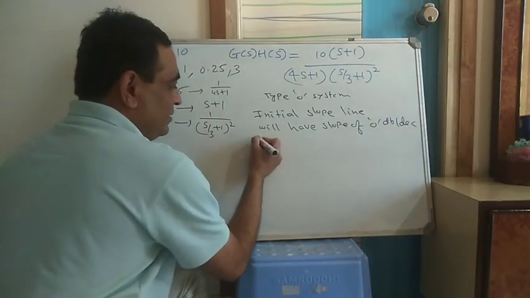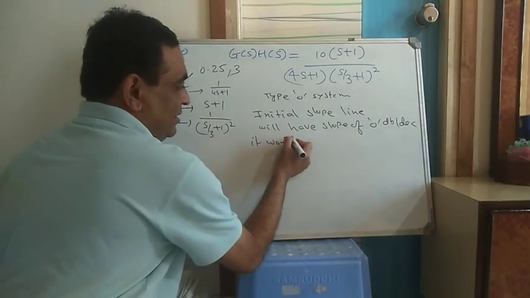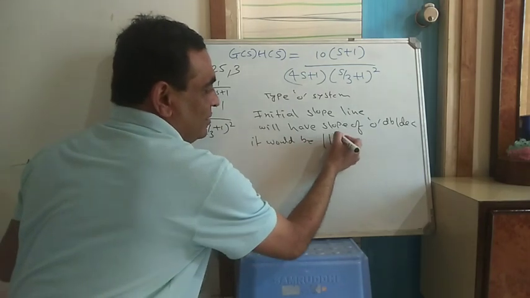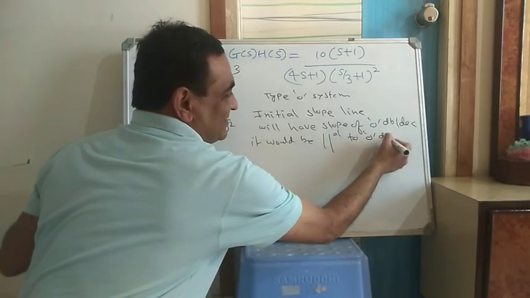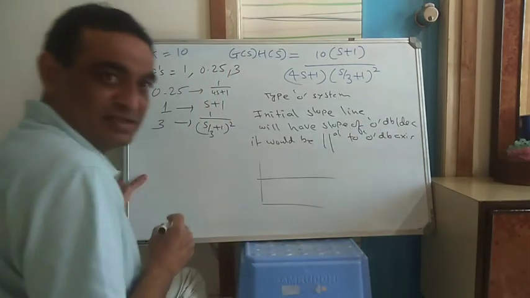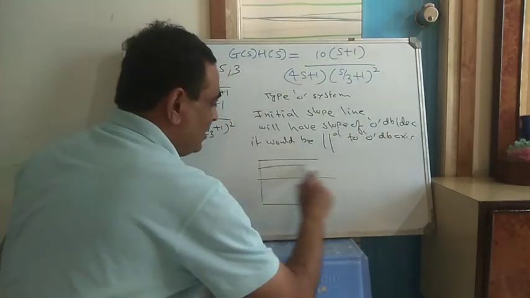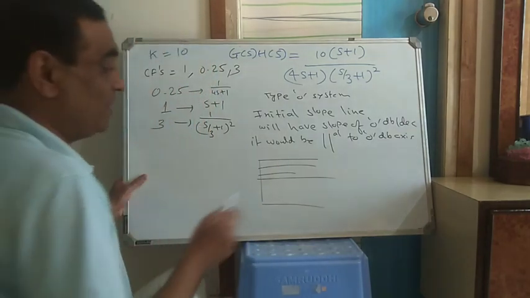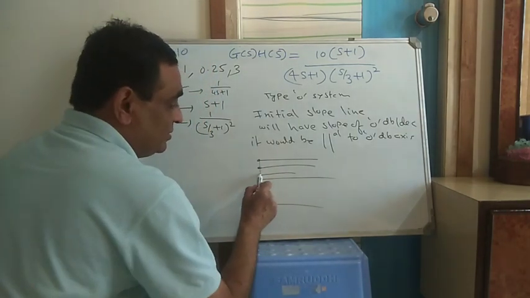So it would be parallel to the 0 dB axis. It means that if, let's say, this is the 0 dB axis, the initial slope line would be parallel, anywhere parallel. But where it will start, from which point, I don't know.